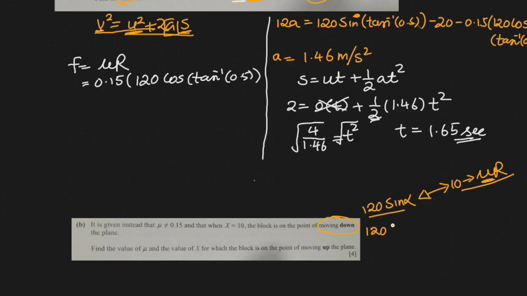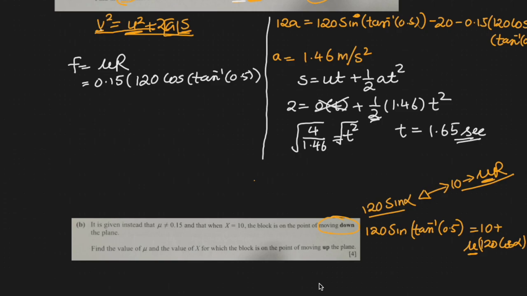120 sine tan inverse 0.5 equals 10 plus mu times 120 cos, and alpha is the same thing, tan inverse 0.5. So what is unknown in this one? Only mu, right?